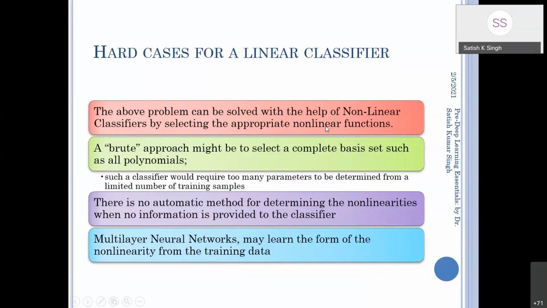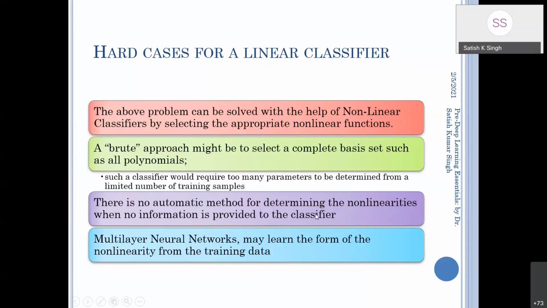So which non-linear function must be used? A brute approach might be to select a complete basis set, such as all polynomials. That means whatever polynomials are available, you simply use all of them, do hit and trial, and try to optimize. So this may be one approach. Such a classifier would require too many parameters to be determined from a limited number of training samples. There is no automatic method for determining the non-linearities when no information is provided to the classifier.